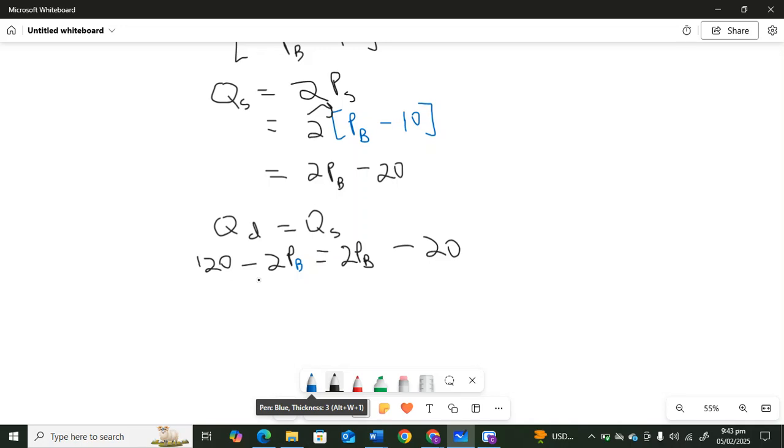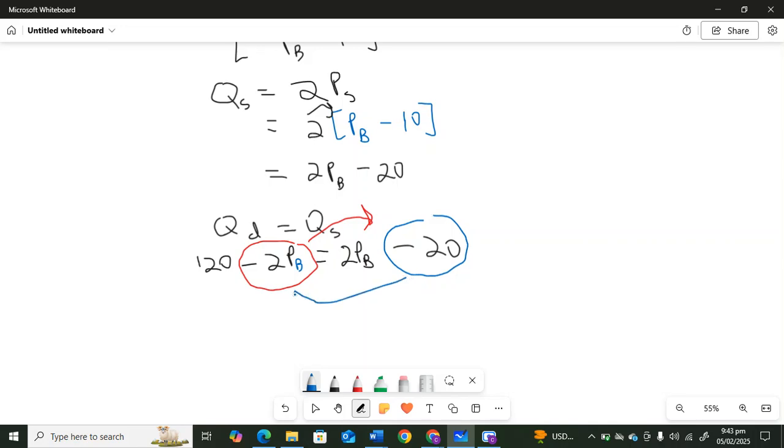So this negative 2 PB here goes this side and becomes positive. And this negative 20 here goes this side and becomes positive.